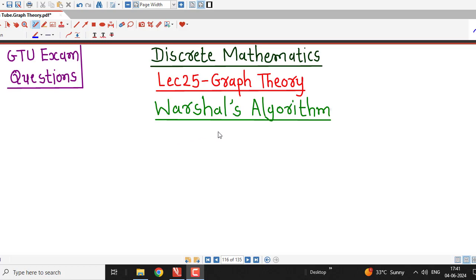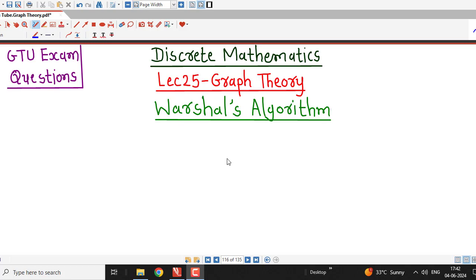In this lecture we are going to discuss Warshall's algorithm to find the path matrix of a given graph. We have discussed the path matrix in lecture number 24. So if you have not seen that lecture, I suggest you make yourself familiar with the path matrix from lecture number 24.